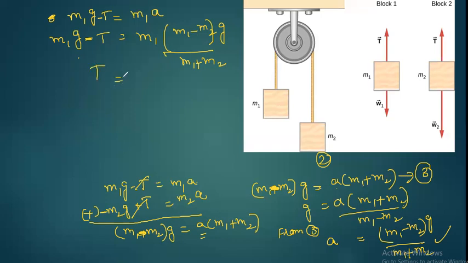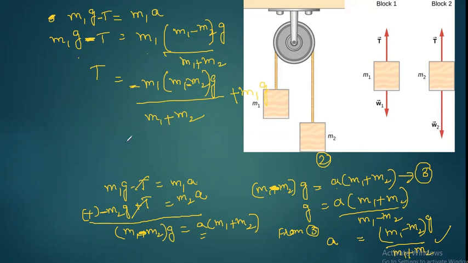So positive T I am sending. If you send this one, it becomes negative, right? So I am taking this as plus and this as minus in the next case. So T is equal to minus M1 into M1 minus M2 into G by M1 plus M2. Because what I said, if you send this one, it becomes negative, but I am multiplying totally with negative sign, so it becomes plus M1G. So T is equal to minus M1 into M1 minus M2 into G by M1 plus M2, plus M1G.